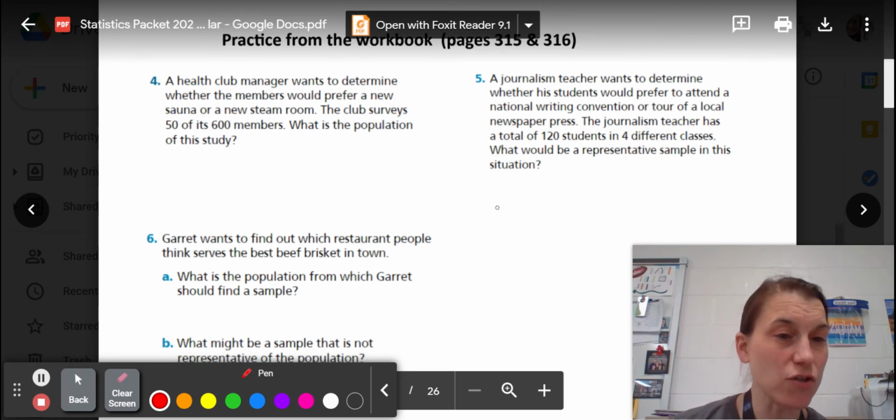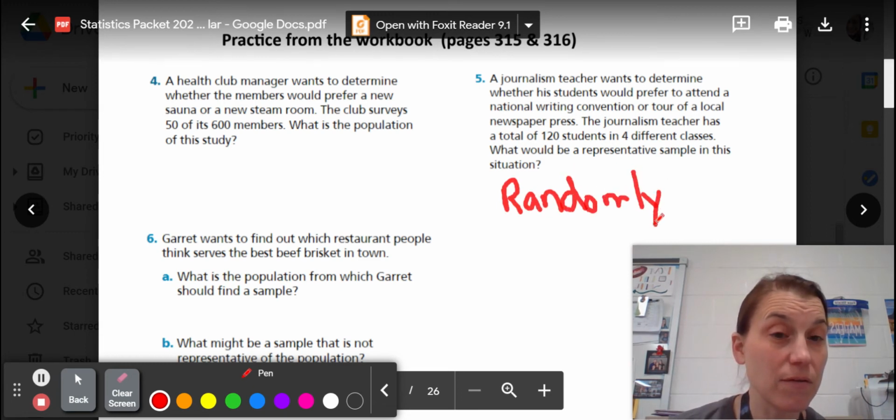So I want to make sure that everyone has a chance to be chosen and I'm not being biased. One way to do that would be to randomly select some of the 120 students.